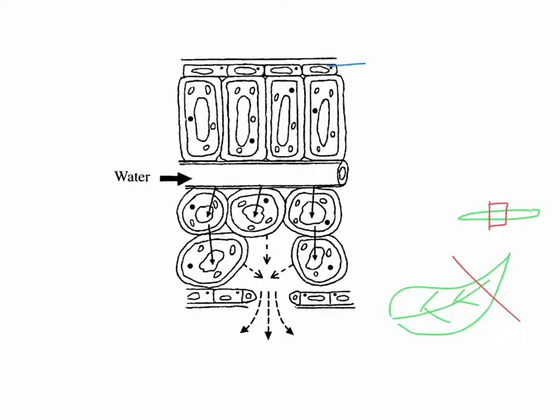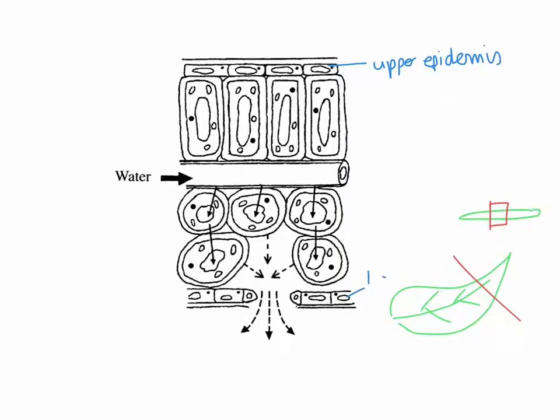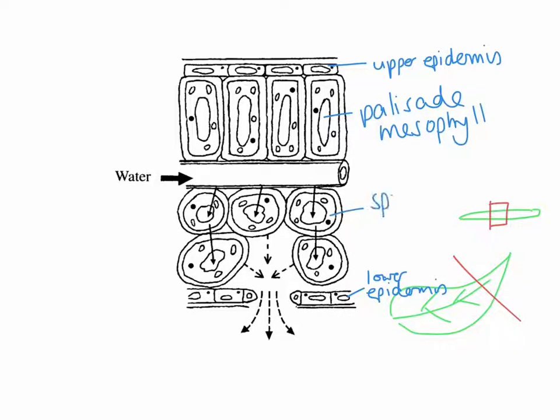These cells here make up the upper epidermis, and these ones here are the lower epidermis. And then we've got palisade mesophyll cells making up this tissue here, and spongy mesophyll is the name of this layer here because it's got lots of big air spaces.